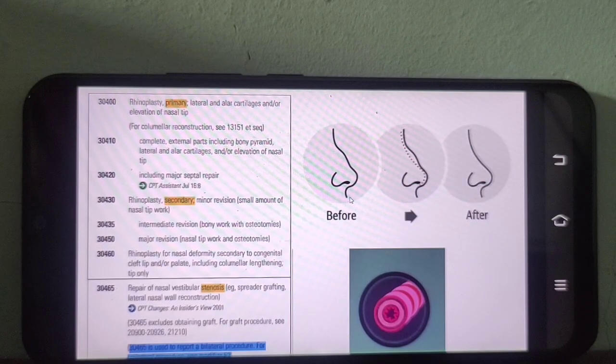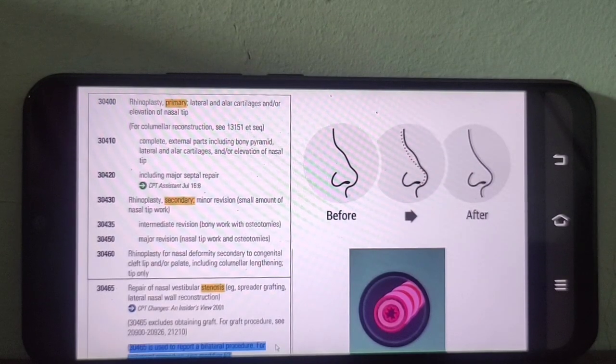For the complete external part, go for 410. So if the surgeon just corrects the tip of the nose, go for 400. Complete external part, both the nostrils also, that will be 410.